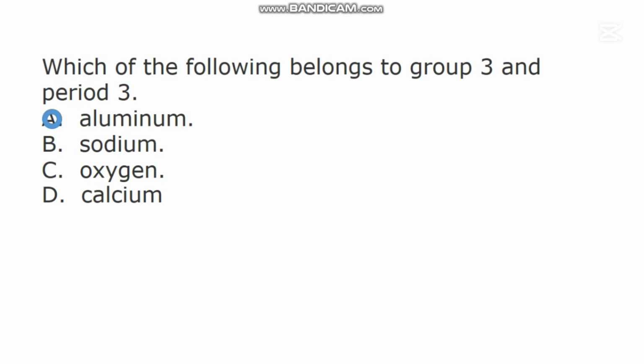Aluminum is an element that belongs to group 3 and period 3 in the periodic table. In this periodic table, there are different elements that are found in that periodic table. If you look at these elements that are found in periodic table, aluminum is an element that belongs to group 3 and period 3 in the periodic table.